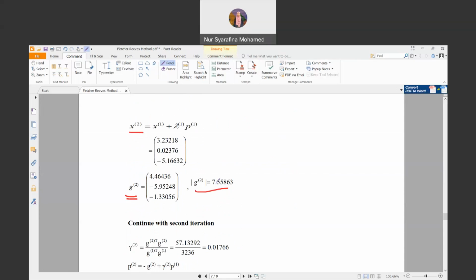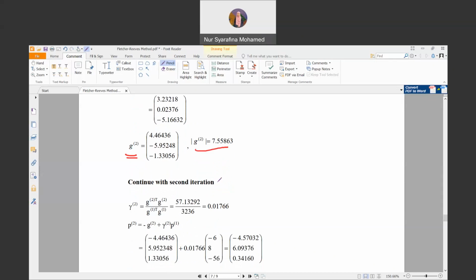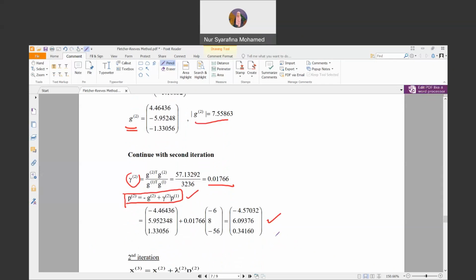So in the second iteration, there is the calculation of gamma, where we need gamma because we want to have P2. So we have to calculate gamma first, where gamma is given by G2 transpose G2 over G1 transpose G1. So calculate this, then you get gamma 2, and then you can have your P2. So this is your P2. Why do you want to have your P2?